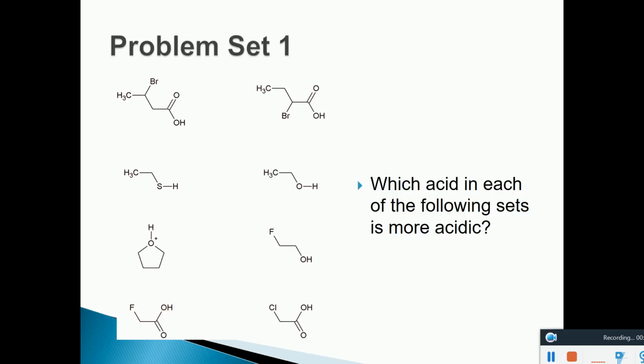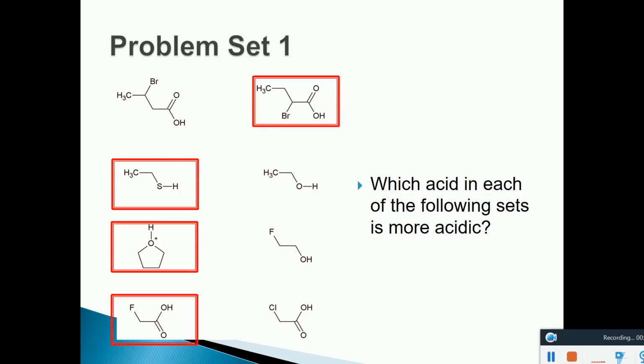So it's going to be able to stabilize better than would chlorine. And that's what we see. So this was, again, due to the polarization effect. This was due to the charge effect, the element effect, and again, the polarization effect.